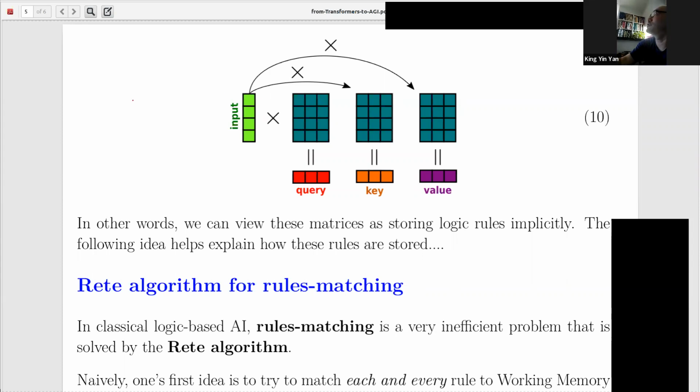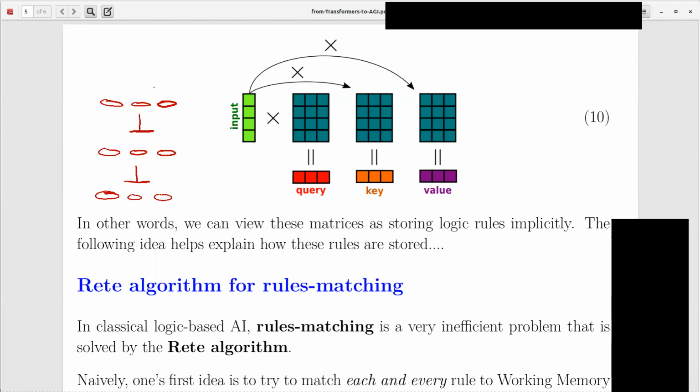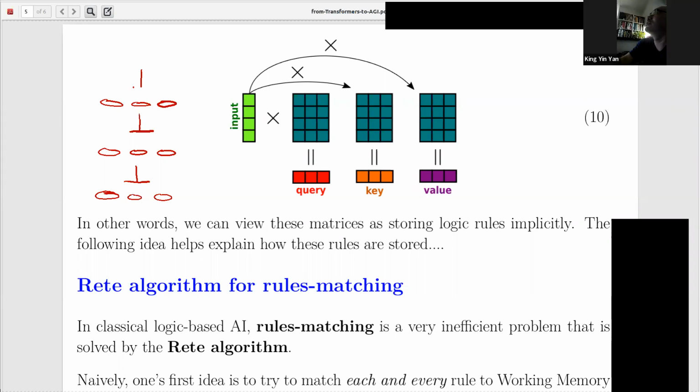That's a good question. For example, we have some logic facts here. One step will give me some other outputs, and then you have another layer, and then some more outputs, and so on.